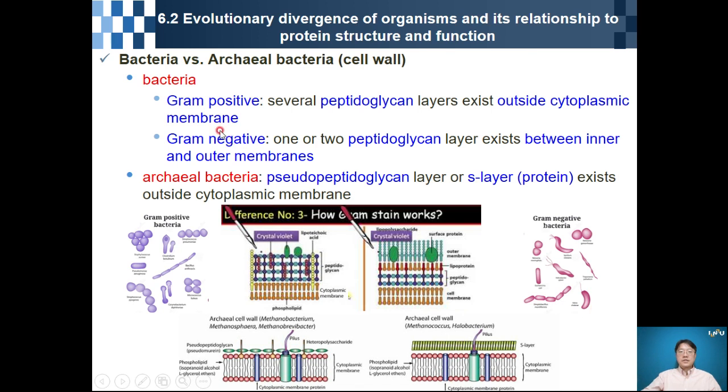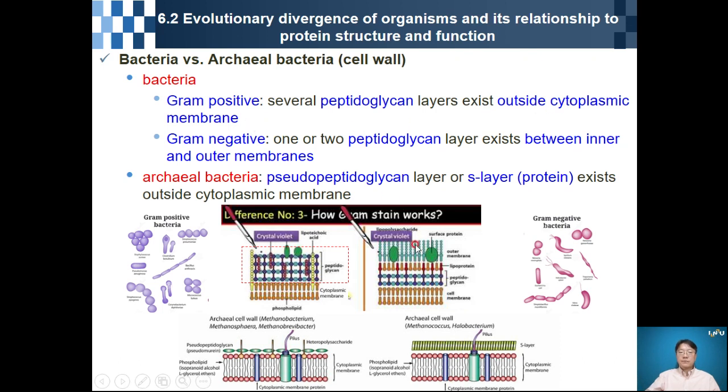The gram-positive bacteria have several peptidoglycan layers outside the cytoplasmic membrane. So this is gram-positive bacteria, which has the cytoplasmic membrane, and outside the cytoplasmic membrane there are several peptidoglycan layers.